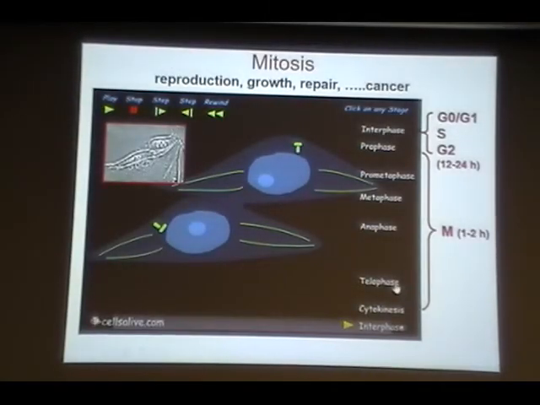So I just want to play a very simple video that shows how one single cell eventually becomes two cells. The cell cycle can be divided into different phases: interphase, prophase, all the way to cytokinesis.